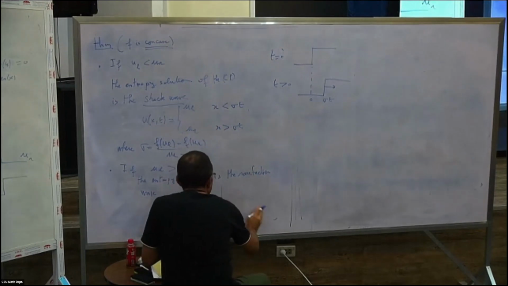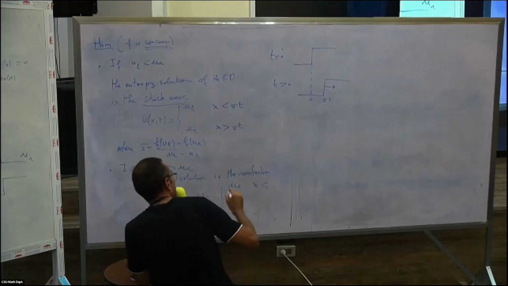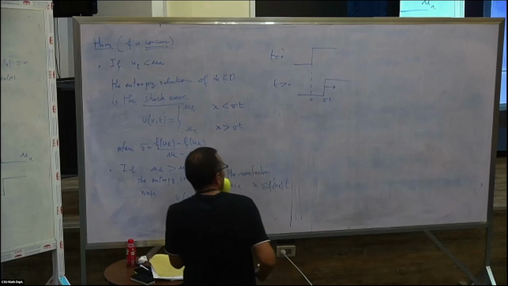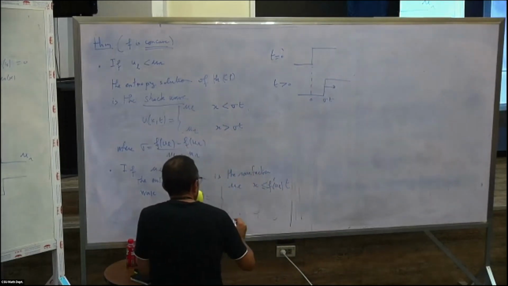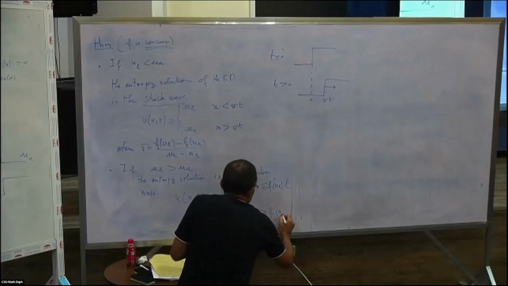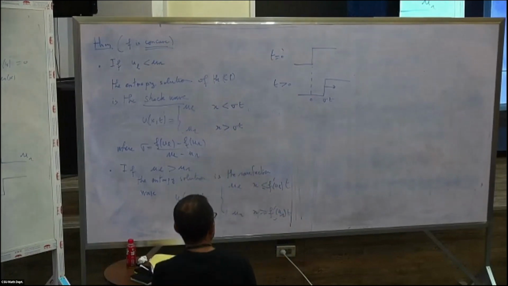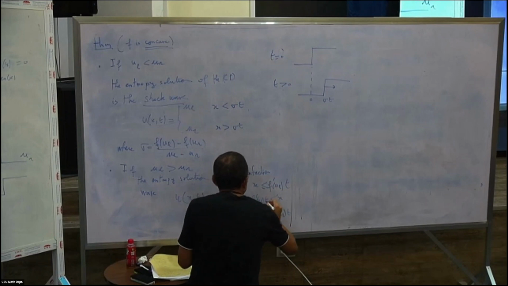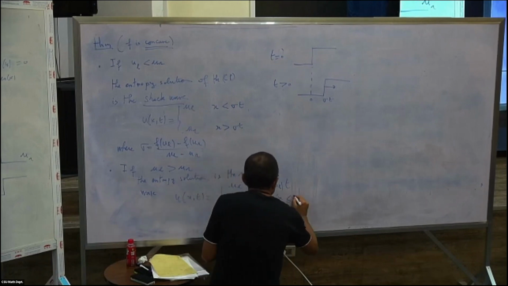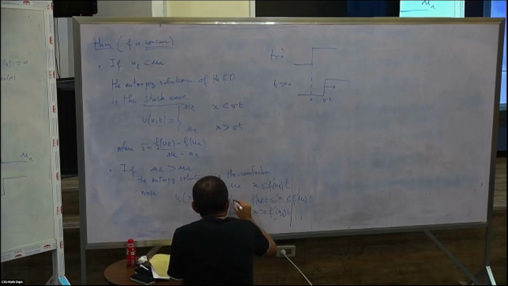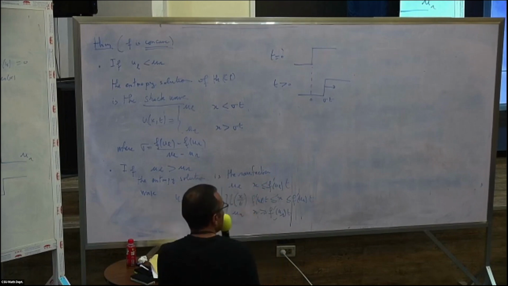Here is U left for x less than f prime of UL times t, so it's continuous, and UR for x bigger than f prime of UR times t. In between, in this area, the solution is self-similar, depending only on x over t.